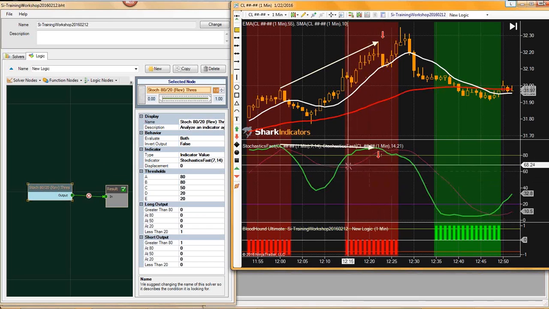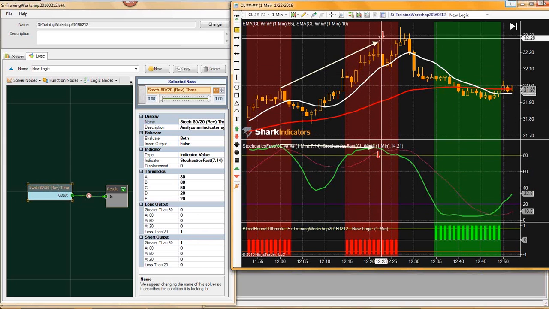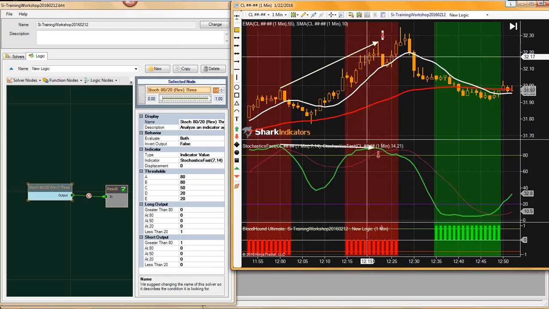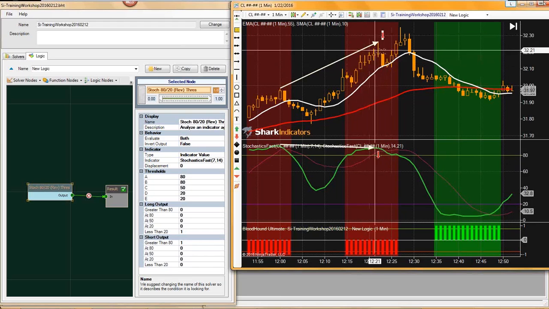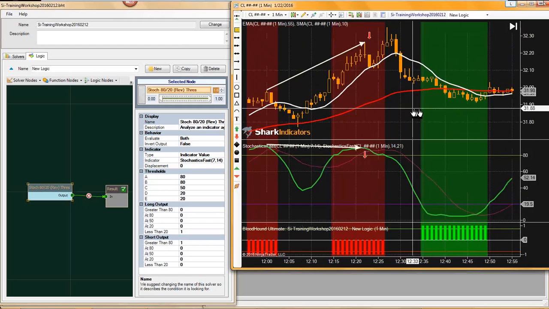So this short output, let's pretend that that's our divergence indicator telling us there's a short divergence that could be setting up here. If our divergence indicator is telling us there's a potential short, we want to block any long trades during this time.